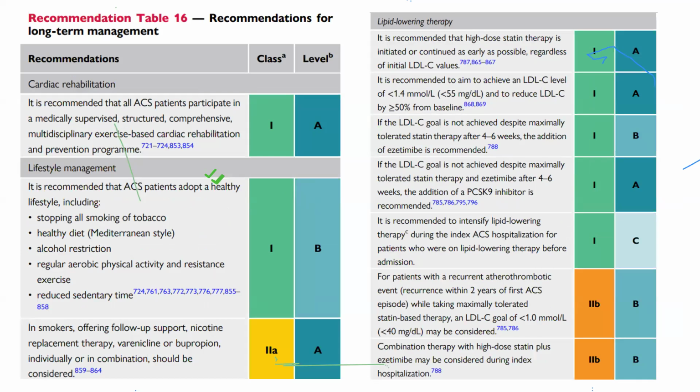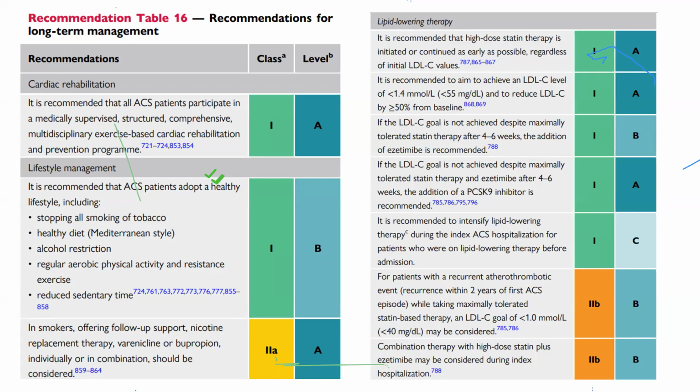With respect to cardiac rehabilitation, it is recommended for all patients to participate in a medically supervised, structured, and comprehensive multidisciplinary exercise-based cardiac rehabilitation and prevention program. There should be lifestyle management, which is part of secondary prevention: stopping smoking, healthy diet, alcohol restriction, aerobic physical activity, resistance exercise, and reduced sedentary time.